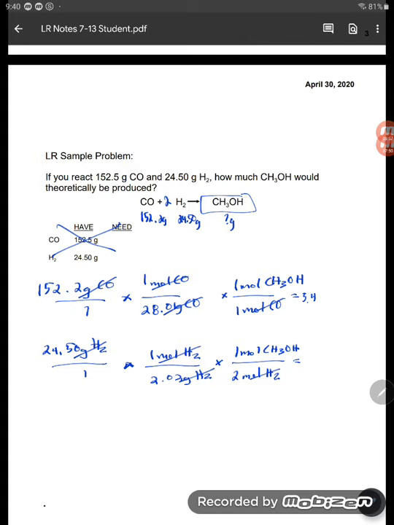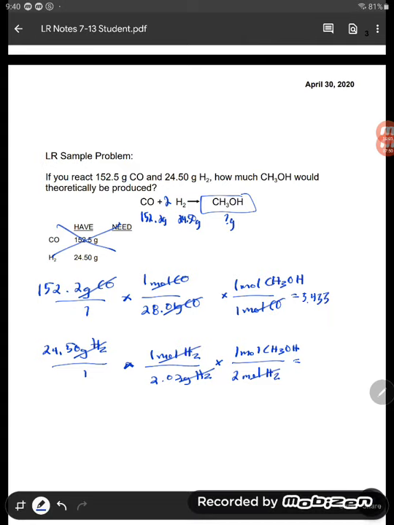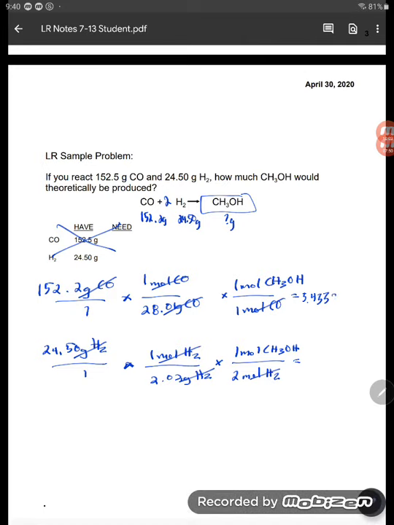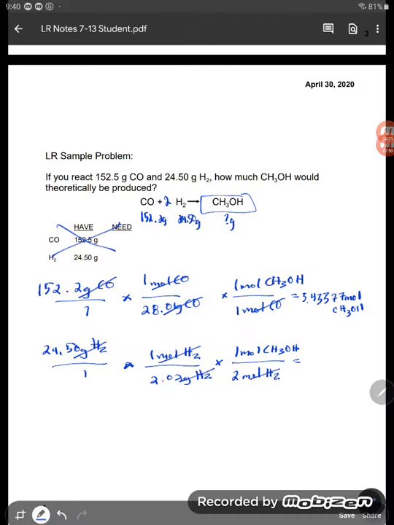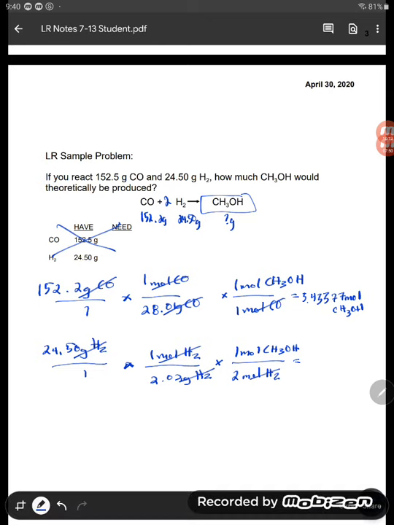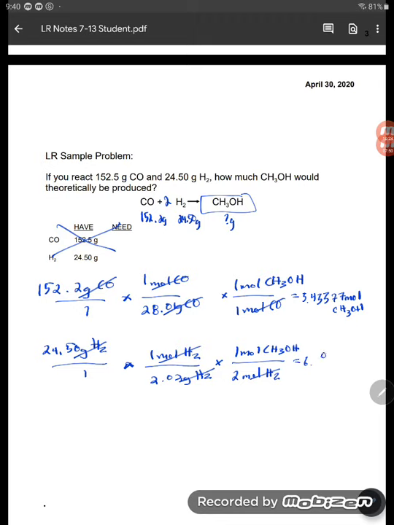I always tell my kids that you want to try to keep 6 significant digits here, just so that you can have a good comparison. And so we'll do hydrogen gas as well. Divided by 2, 6.064356.